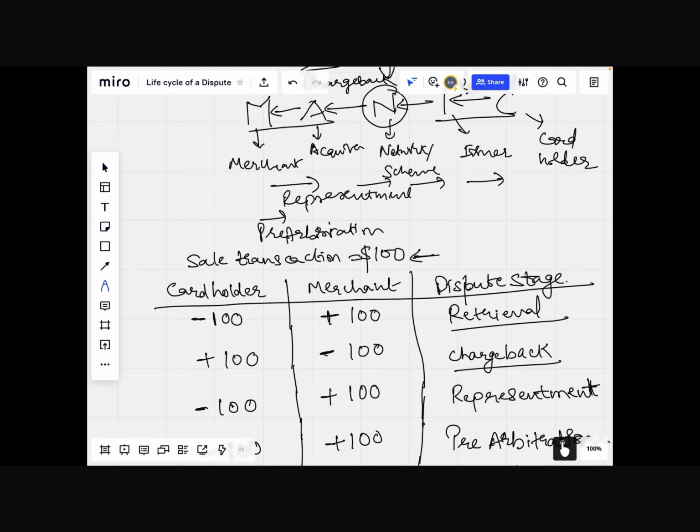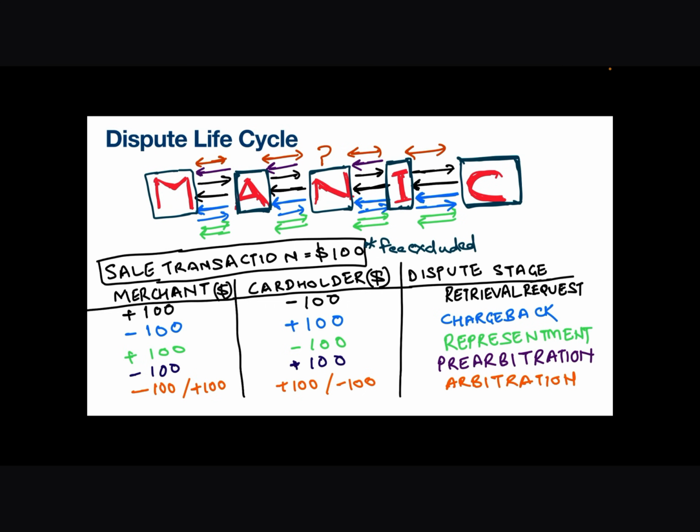So I'm going to bring it up on the screen for a few seconds, and then maybe you want to take a screen grab of that. So this is the model and the various dispute actions that can happen, the various dispute stages in the dispute life cycle. Like I said, I have color coded this, so please take a picture or a screenshot if you want to, and use it for your reference purposes.